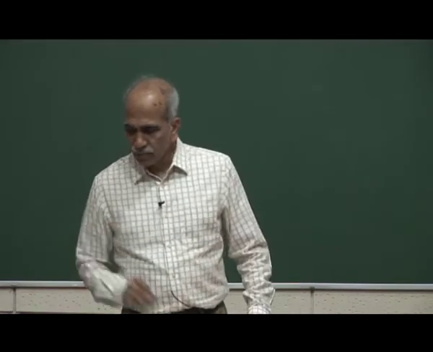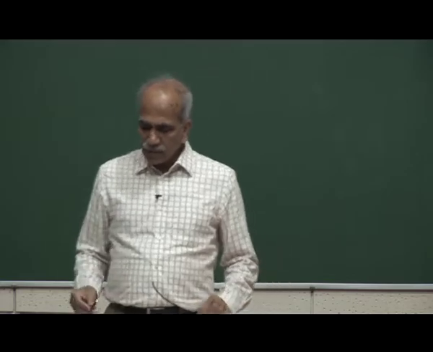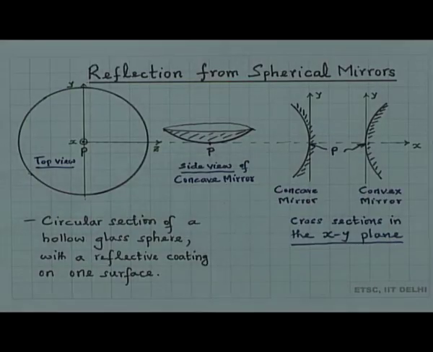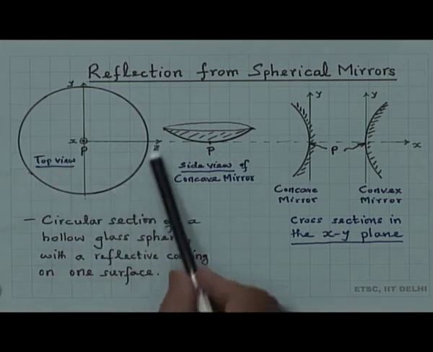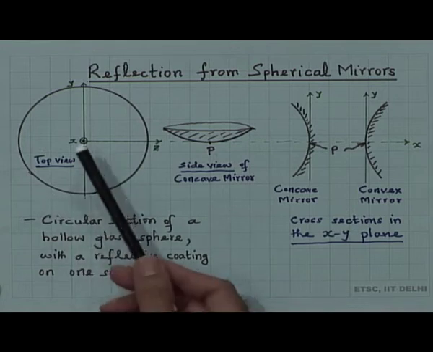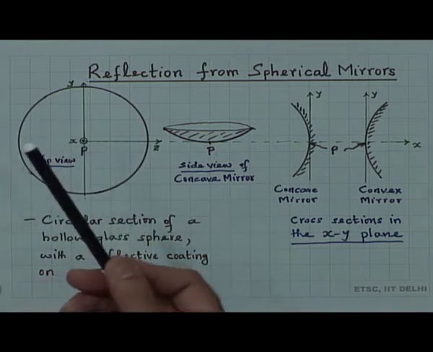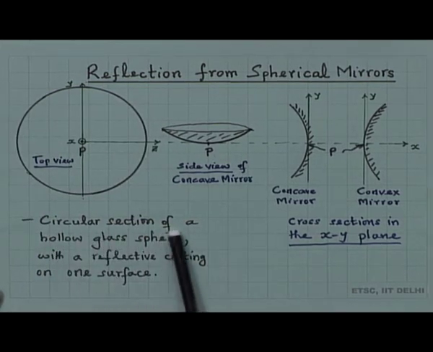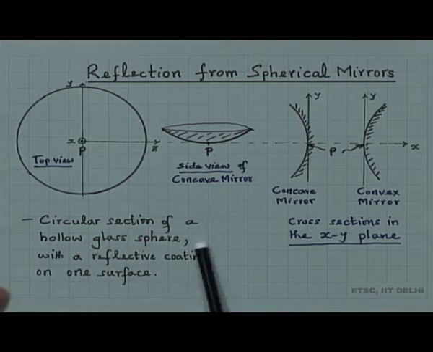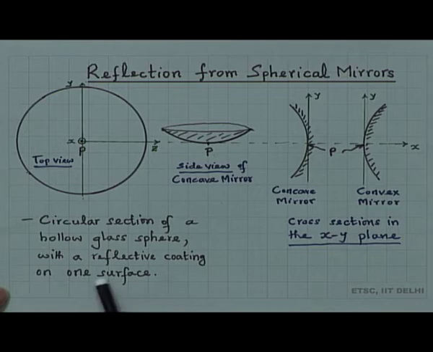So, reflection from a spherical mirror. In the last lecture, we discussed some of the optical components. What is shown here is a mirror. This is the top view of the mirror, and the mirror's reflecting surface is here. A spherical mirror is usually a circular section of a hollow glass sphere with a reflective coating on one surface.